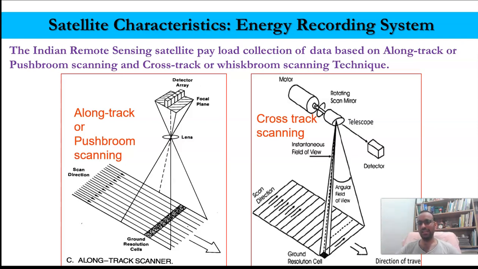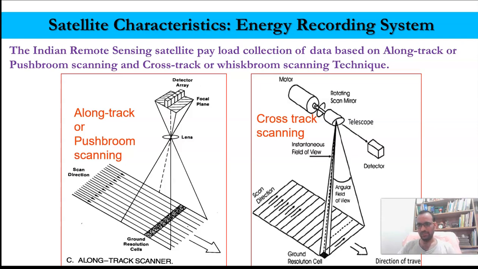We are not just collecting the 2D surface, we are also collecting the 3D surface, so sometimes we have to create 3D. Definitely we have different purposes, and that's why we have different recording systems. I just use one example here, the Indian remote sensing satellite payload collection of data; other satellites or other countries also use the same recording systems.